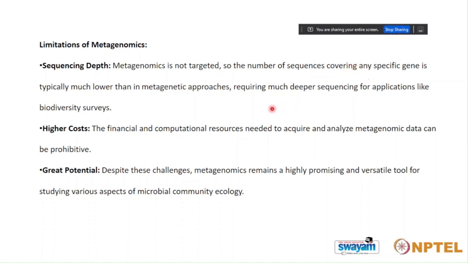Since we are generally sequencing all the sequences, we may miss one or two genes in the process. So sequencing depth is a limitation in metagenomics comparatively to the other methods, and higher costs. Financial and computational resources are needed to carry out metagenomics, and it is comparatively higher than the other methods. So this limits the application of metagenomics.